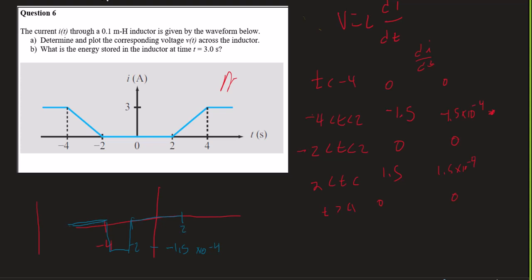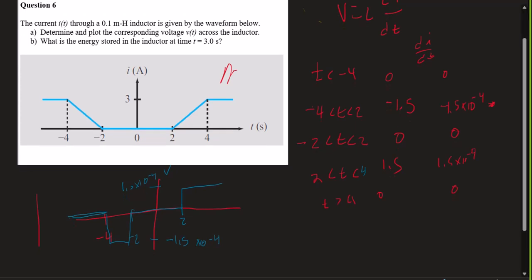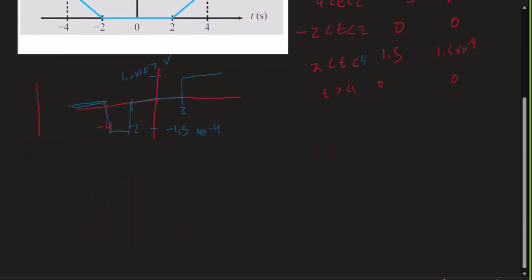And then from 2 to 4, it's 1.5 times 10 to the negative 4. And that's our answer.